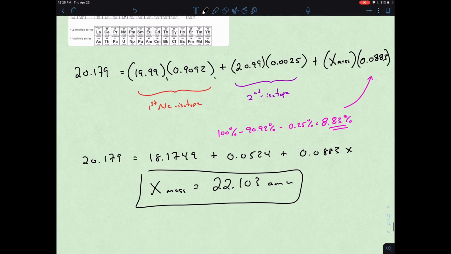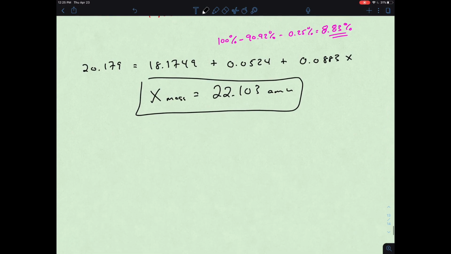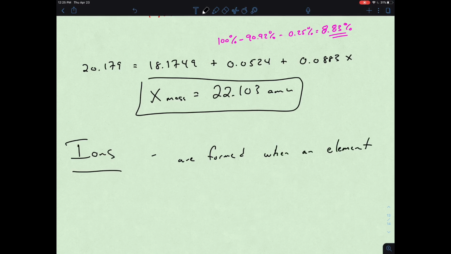That then takes us to the next category, which would be ions. And so ions are basically formed when an element loses or gains electrons.